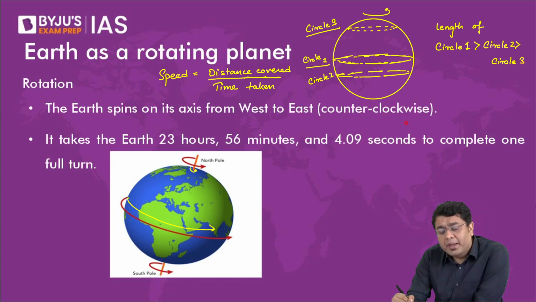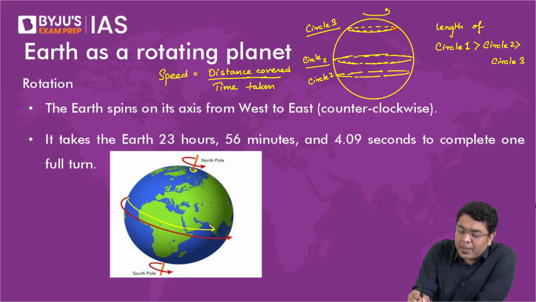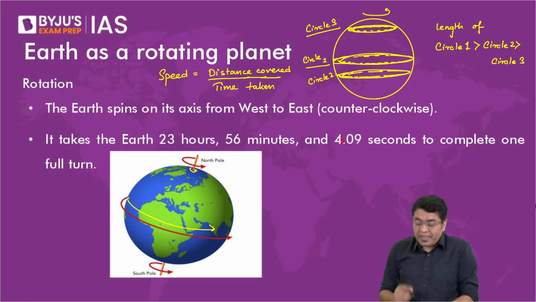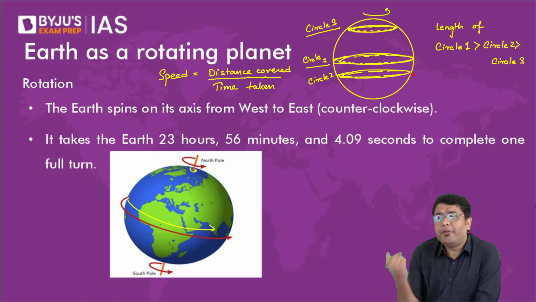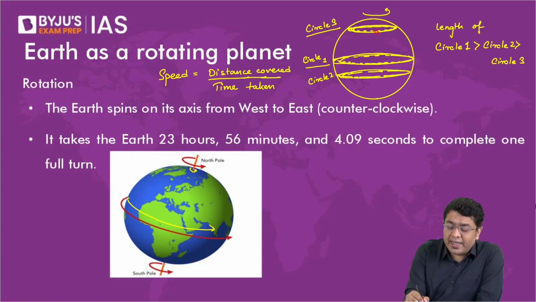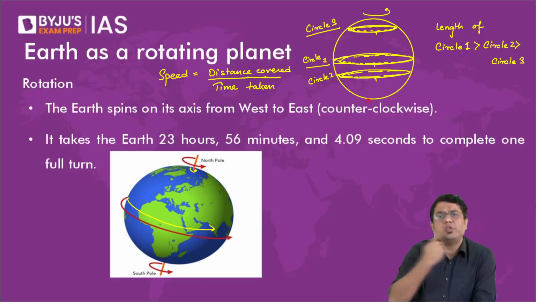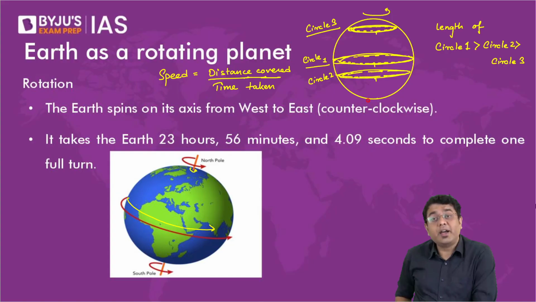We can figure it out just by visual appearance: circle 1 is the lengthiest, circle 2 slightly smaller, circle 3 very significantly smaller. In one rotation, you reach back to your original position, regardless of which point you are at. So distance covered by time taken will give you the speed of rotation.